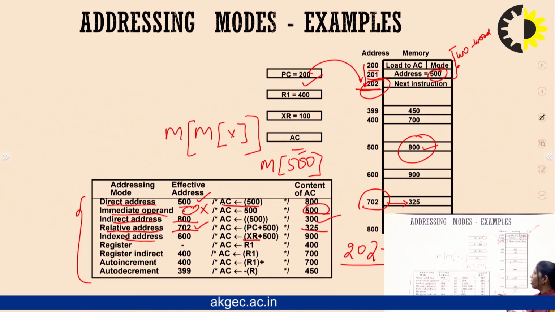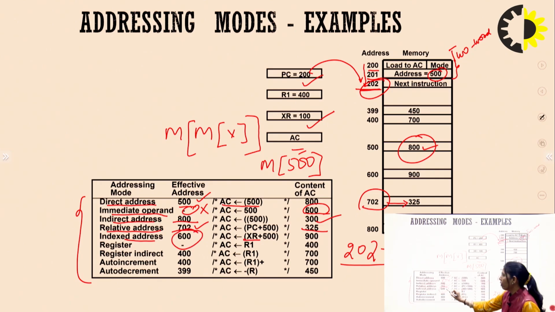This index register value is constantly being added to the value given here. So the index register is having the value 100. This 100 will be added to 500, which will give us 600. 600 will behave as the effective address, and this effective address will be searched for in the memory. This is here, and this value is 900. So the content that will be added to the accumulator is 900.